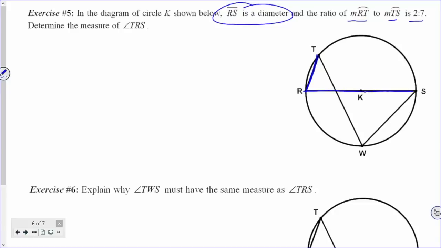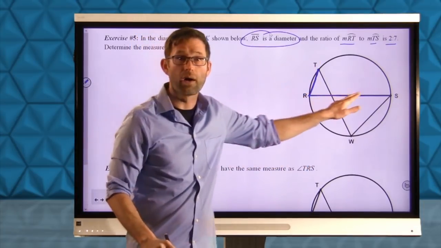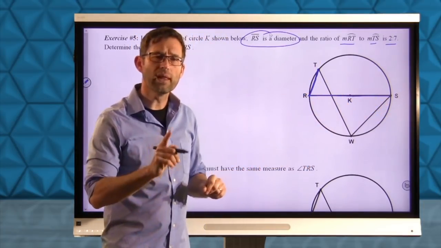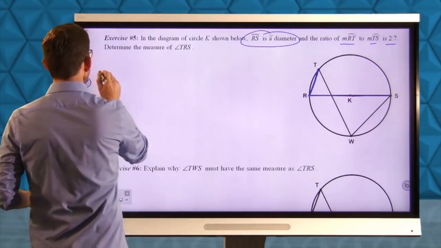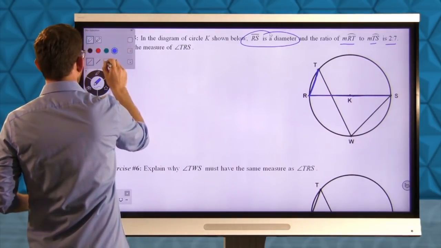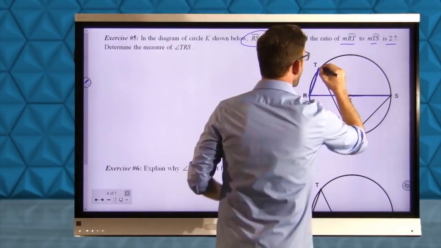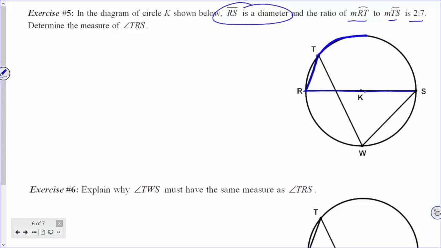All right, now that's an inscribed angle, TRS, which means what I really ideally want is the measure of arc TS. All right, I need to figure out the measure of that arc.